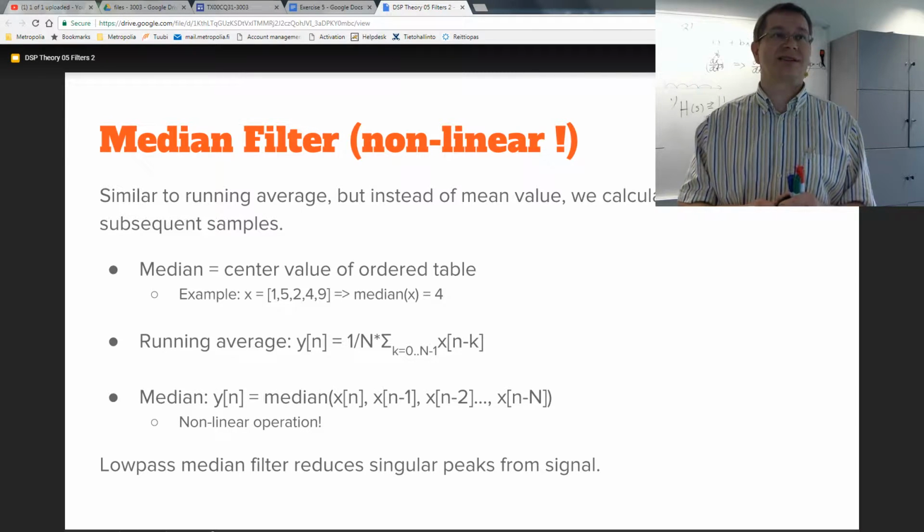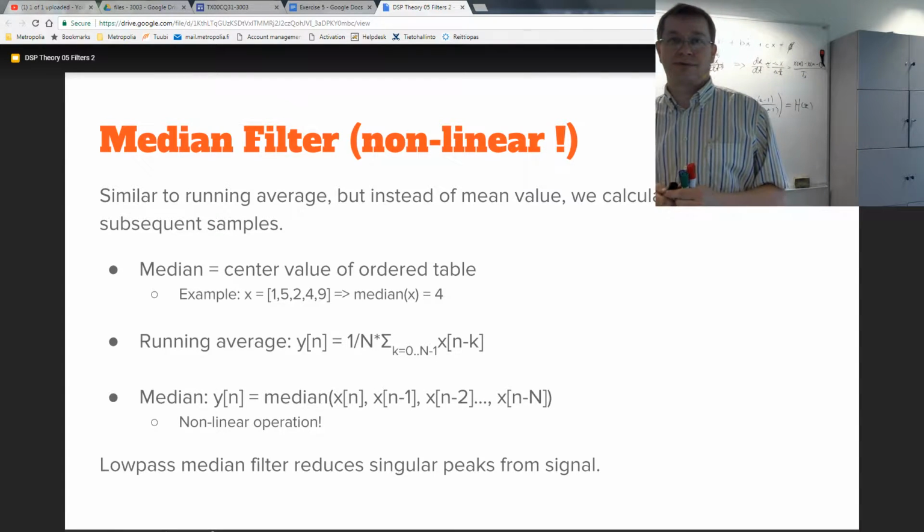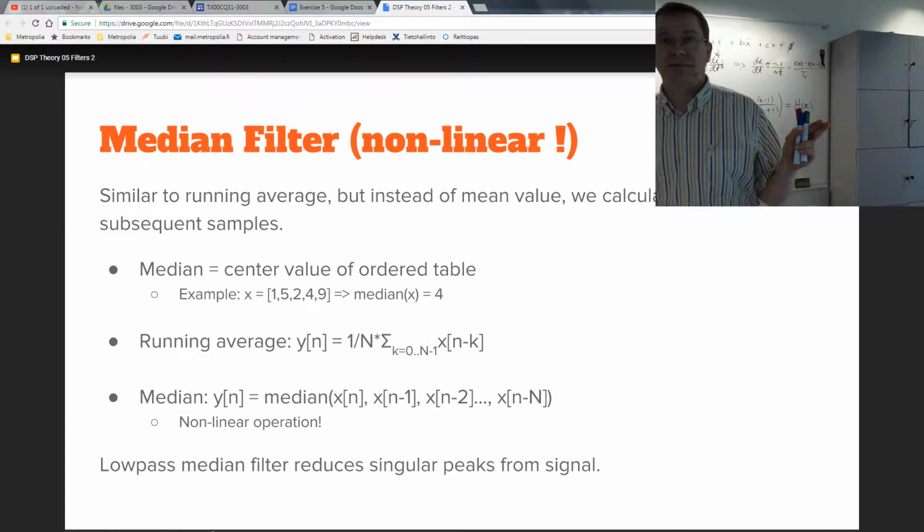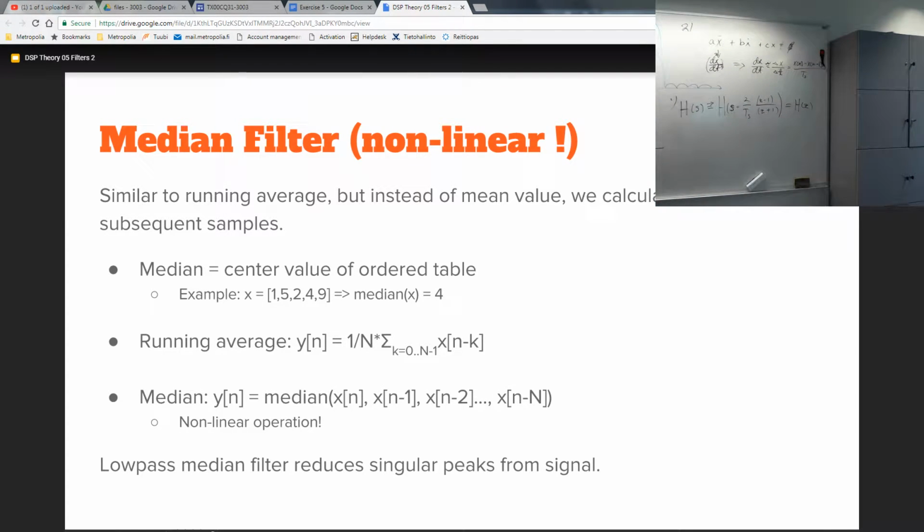So that's the center value of the sample. You calculate the center value of some region here and replace the rest of the signal with that one. So the median filter is some sort of low pass filter, very nonlinear.